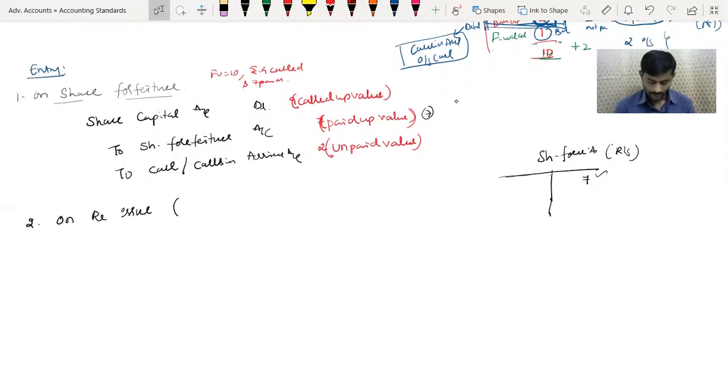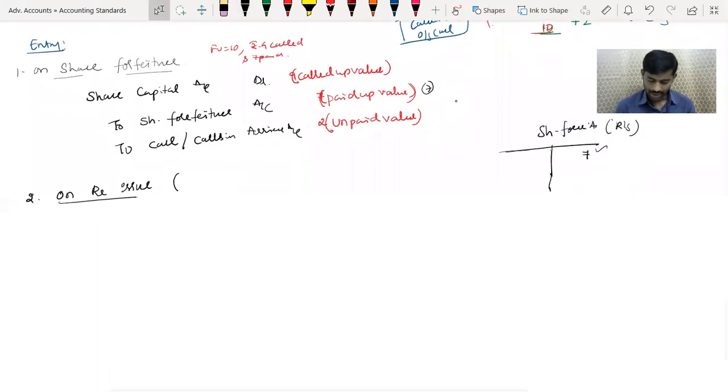Therefore, the entry on reissue. For example, face value 10, reissued at 8 rupees. There is no installment here, you have to pay completely in one shot. So 2 rupees discount. Whatever the discount is, you have to adjust with share forfeiture, which is profit.